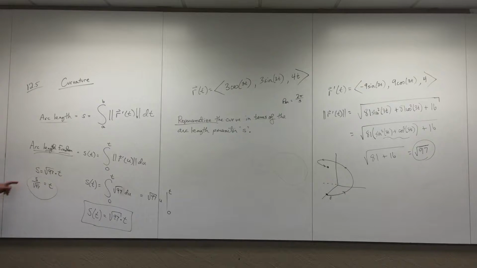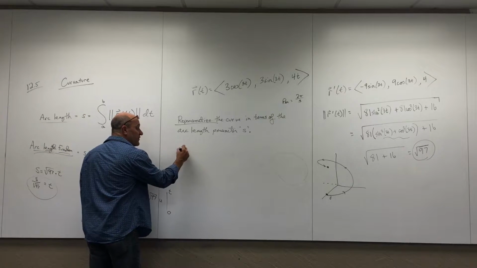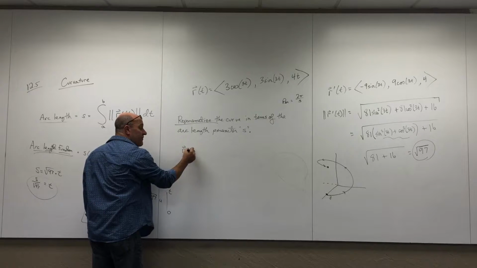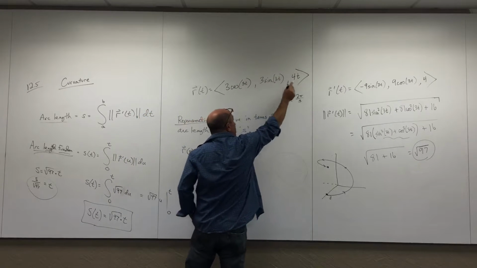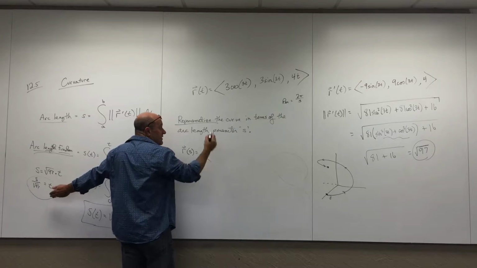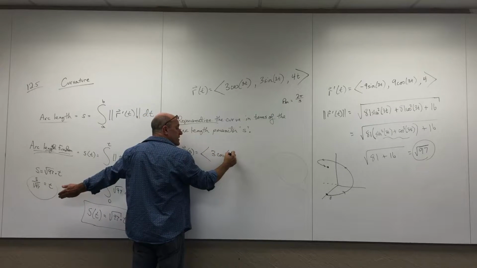So here's what you can do. You can go to all those t's and you can replace them with s over the square root of 97. And then what you'll have is this curve. This is the same curve, but it won't be r of t. It'll be r of s. And I'm going to go to this curve, and everywhere I see a t, I'm going to replace it with s over the square root of 97. It's the same curve. What am I doing?